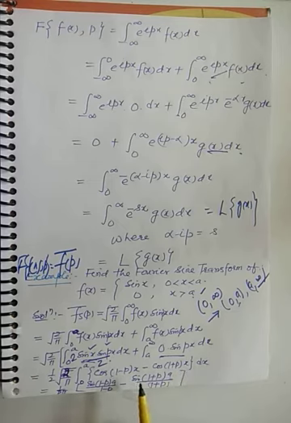Integrating, we get sin (1 minus p) x upon (1 minus p) minus sin (1 plus p) x upon (1 plus p), putting the limit from 0 to a. When we put 0, sin 0 is equal to 0, and when we put x equal to a, this will become sin (1 minus p) a upon (1 minus p) minus sin (1 plus p) a upon (1 plus p).